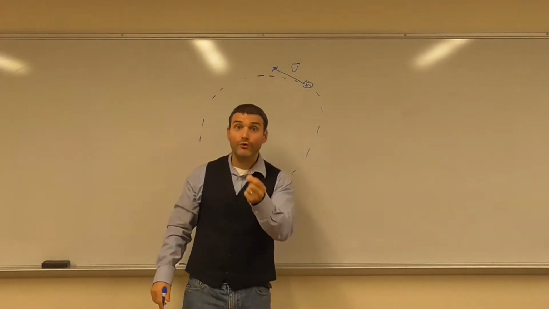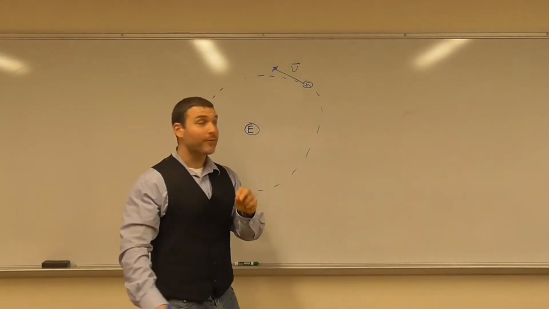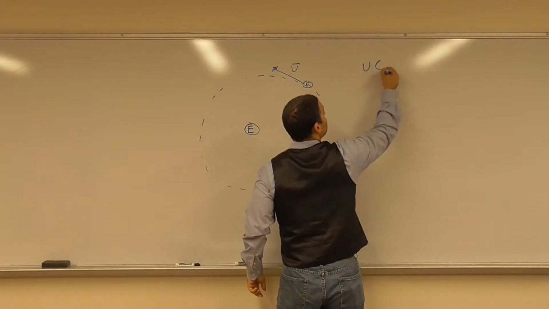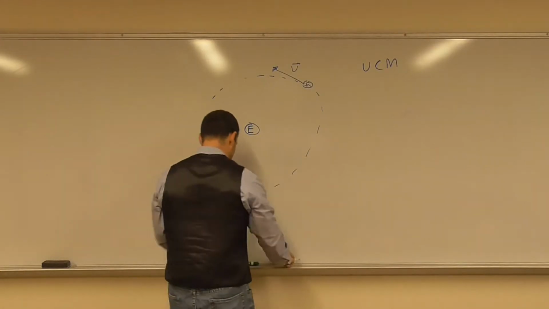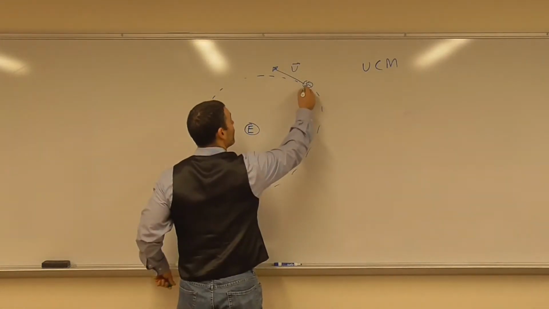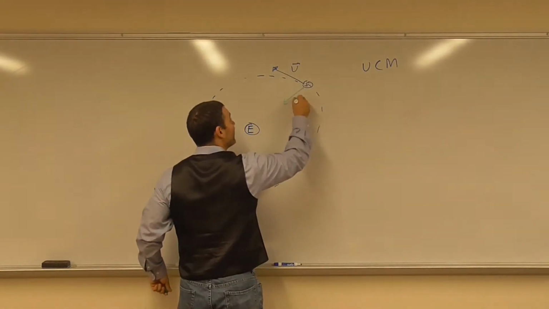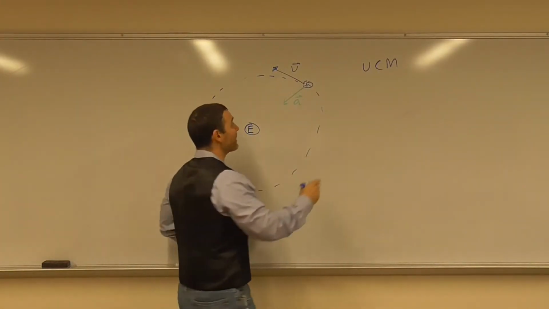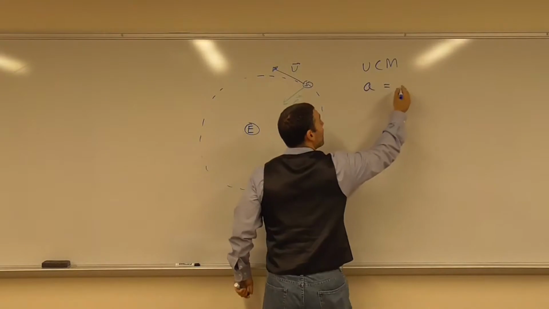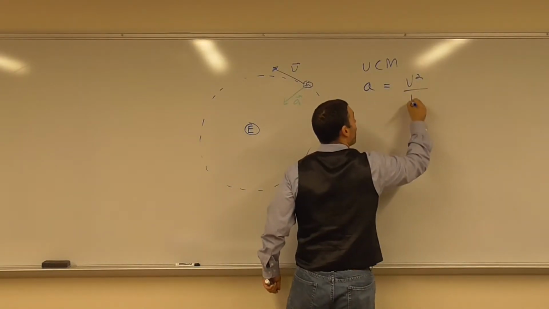Now, also don't forget that in order for uniform circular motion, UCM, the acceleration has to point radially inward, all right? And that acceleration has to have magnitude v squared over r.